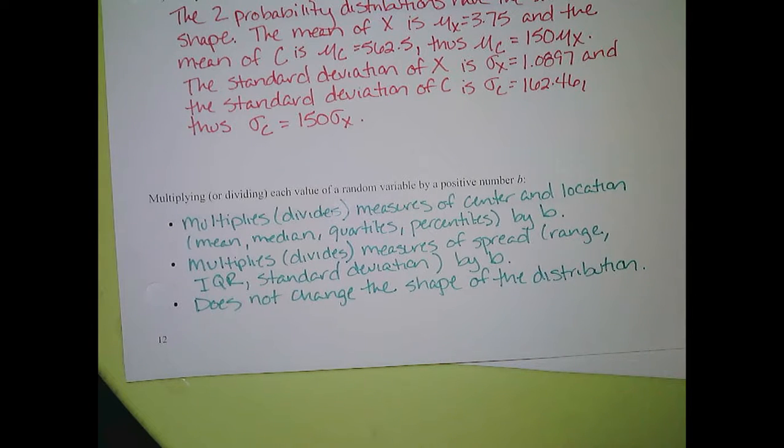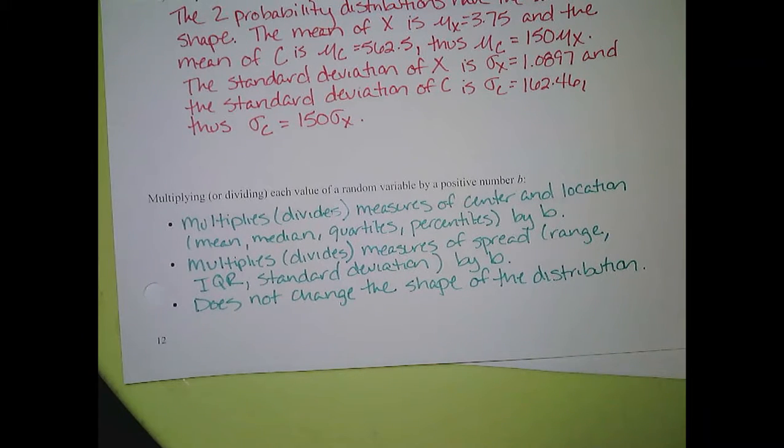And if you think about what we saw previously about how multiplying or dividing data by a positive number affects measures of center, measures of spread, and shape, this fits very well with what we already know. So this isn't too terribly surprising considering what we've looked at in the past.